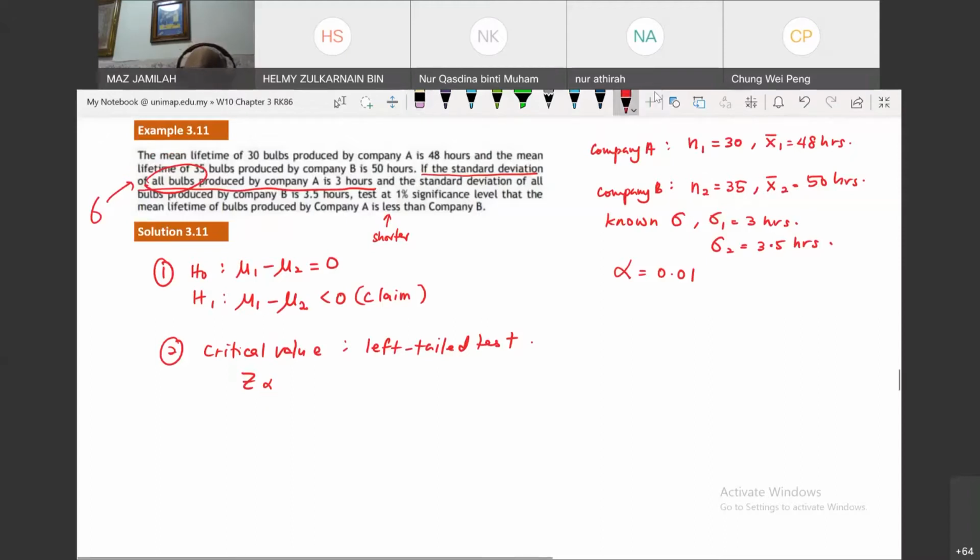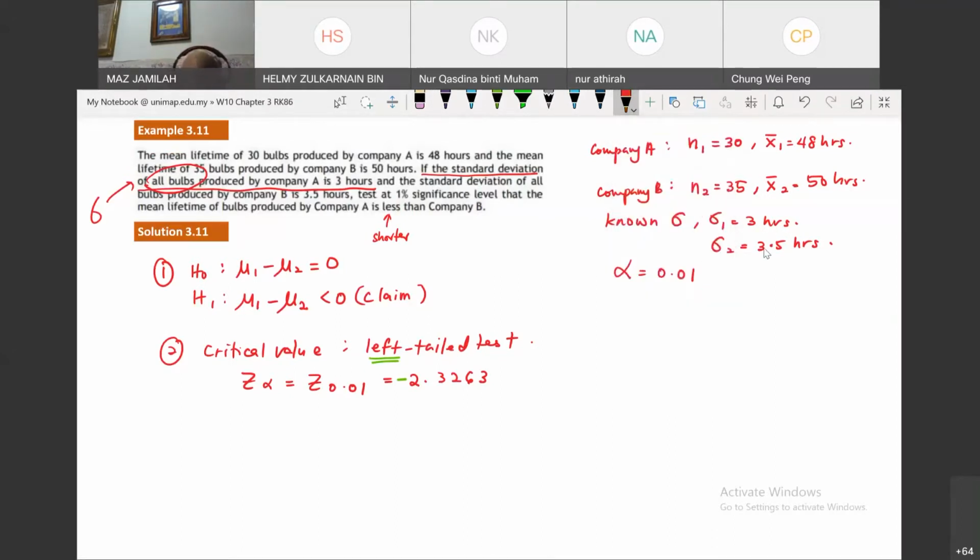So Z alpha is equal to Z 0.01, which is 2.3263. But since we are dealing with a left tail test, this becomes negative.